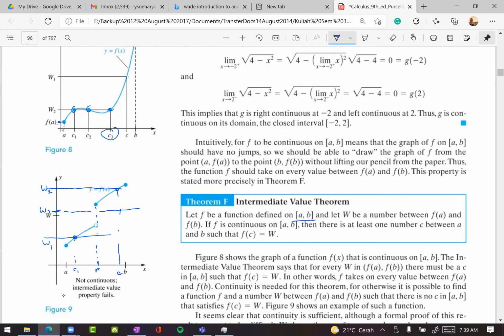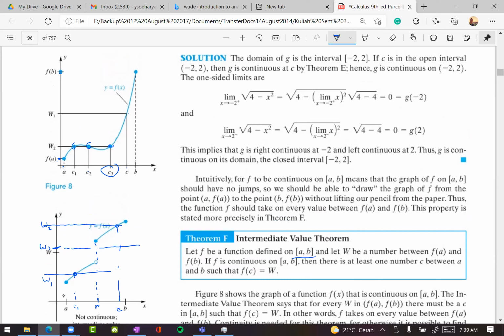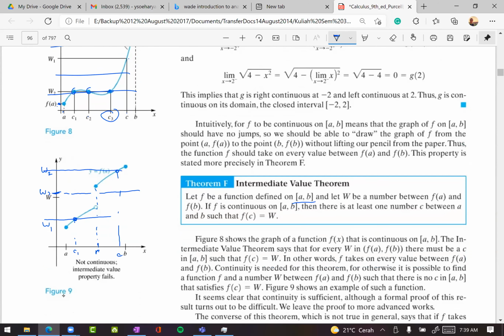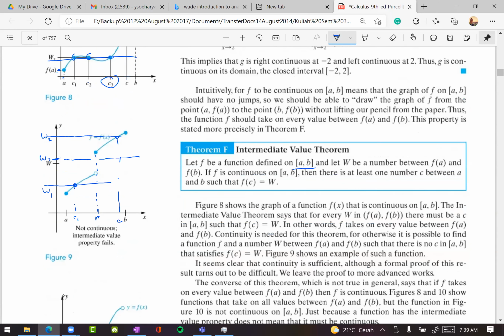So what it tells you geometrically is that if you take any line between f of a and f of b like this, you always intersect the graph. That's what the intermediate value theorem tells you.